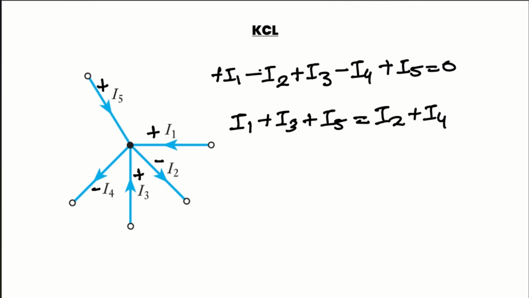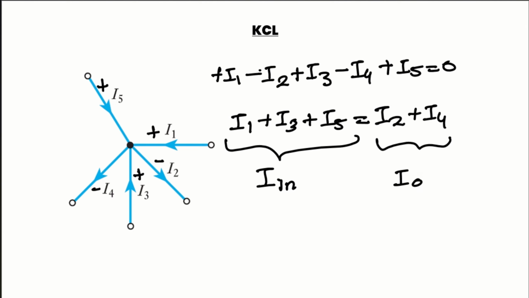From this equation, you can say the current coming in, I1, I3 and I5, must be equal to the current going out, which is I2 and I4. In simple words, the total current coming into a junction equals the total current going out.